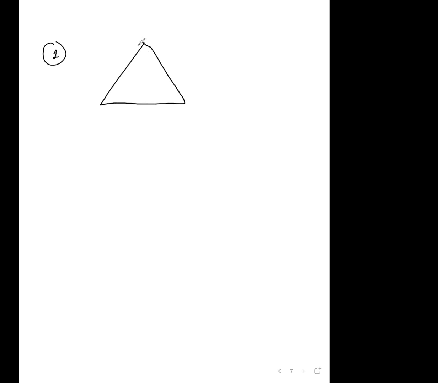Okay. Can you have a triangle with all three angles greater than 60 degrees? Is it possible that all three angles should be greater than 60? It's not possible. Why not? Because it won't be a triangle. It won't stick together.